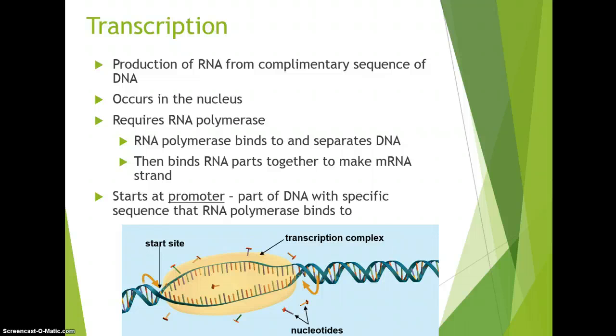Transcription is the production of RNA from DNA. We have this transcription complex that comes in, and instead of adding DNA to make a copy, it makes a copy in the form of RNA. It occurs in the nucleus and requires RNA polymerase, instead of DNA polymerase.